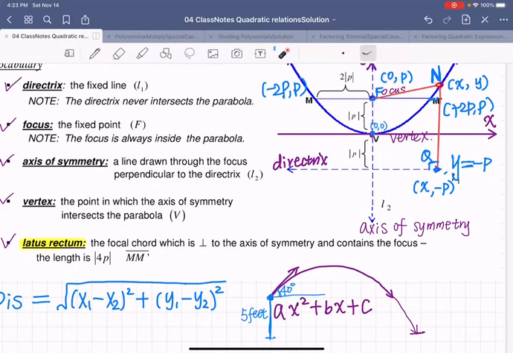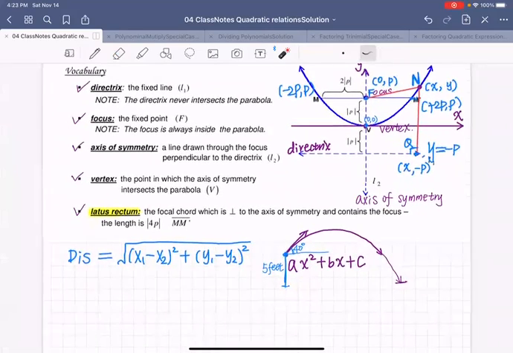And N and F. So can you calculate the distance NF using the given formula here? NF should equal what?